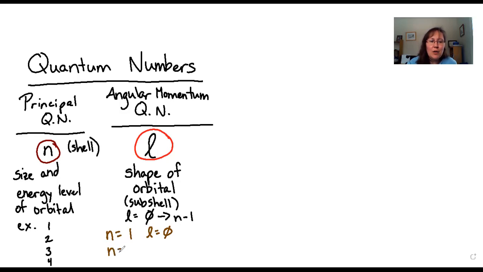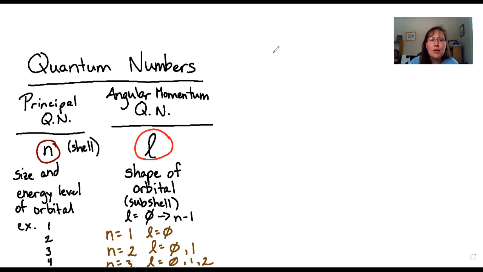If n is equal to 2, we have 2 possible l values. l can be 0 and it can be 1. When n is equal to 3, we'll have three possible l values, 0, 1, and 2. These are going to show us our different shapes. And in future slides, I'll show you what those shapes are.